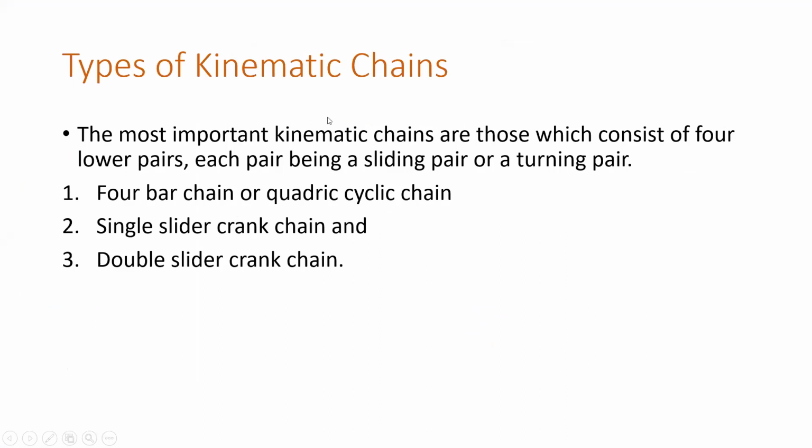Next, see, the most important, or you can say most basic, kinematic chains are those which consist of 4 lower pairs. Means there is no higher pair. A higher pair, for example, is a cam and follower, where there is a higher joint between two elements. And out of these 4 lower pairs, each pair is a sliding pair or a turning pair.